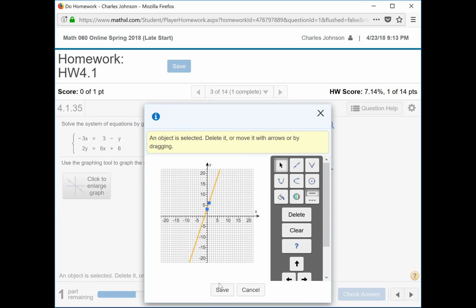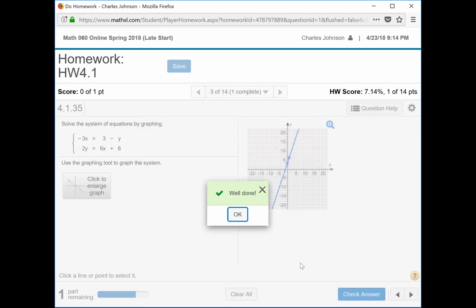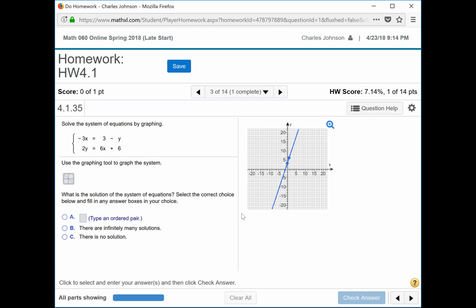That's the first line. And the second line is right on top of that one. So I put another point, and then the line right on top of that. And then those are the same exact line. So it tells me that's fine. And so when they're the same exact line, there are infinitely many solutions because there's all of the points on the line where they intersect.